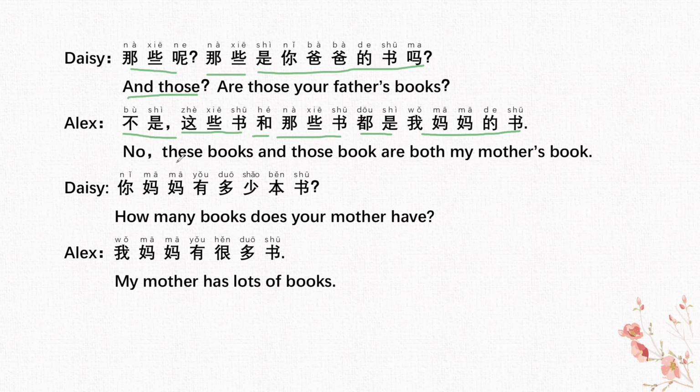Those books and these books are both my mother's book. 你妈妈有多少本书? How many books does your mother have? 我妈妈有很多书. My mother has lots of books.